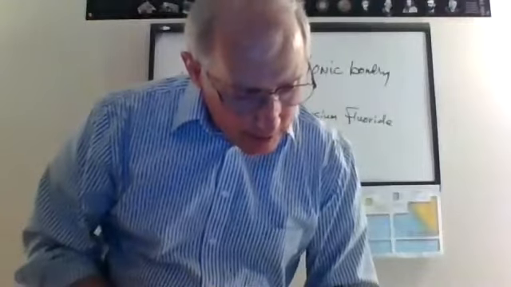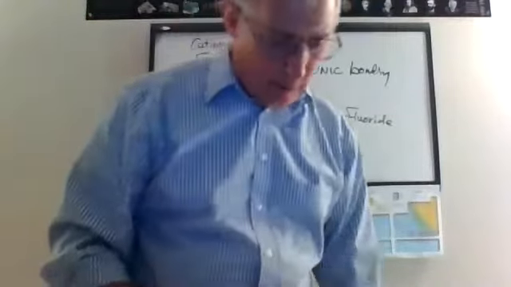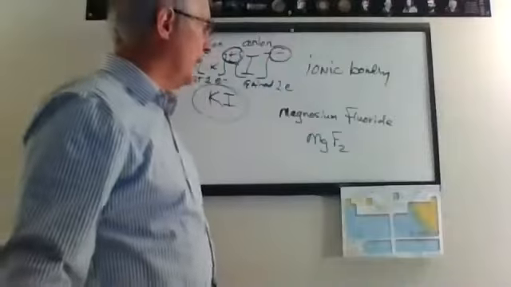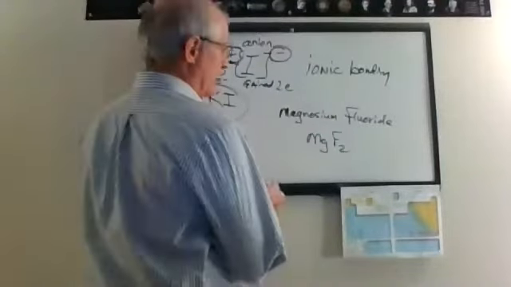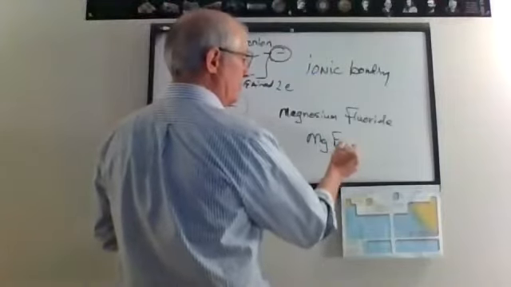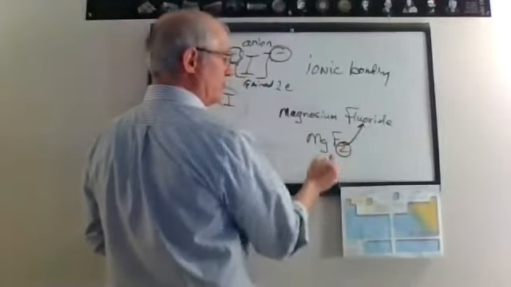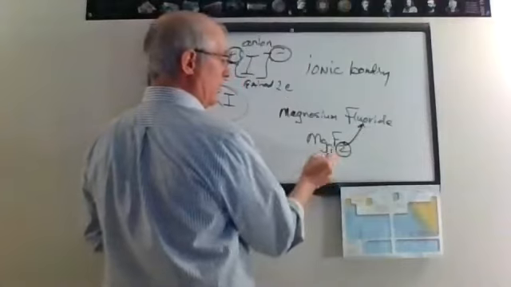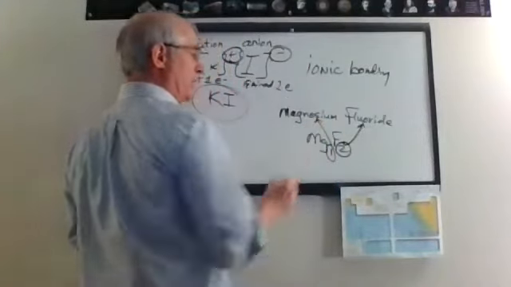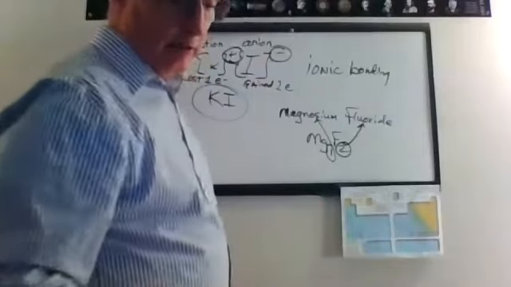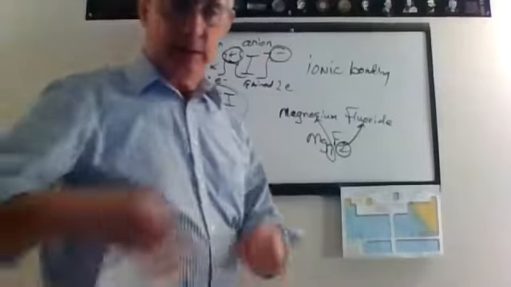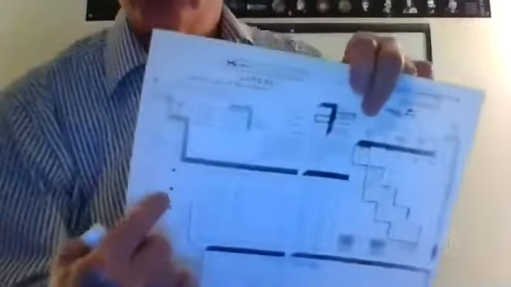Look on the bottom of page 560. They have magnesium chloride. I'm going to go with magnesium fluoride, MgF2. What am I telling you? I'm telling you that it takes 2 fluorine atoms to make 1 magnesium atom happy. And the reason is because how many electrons does magnesium tend to lose?